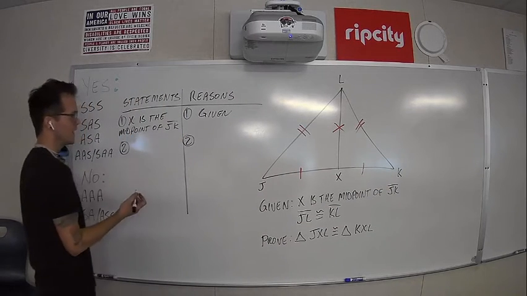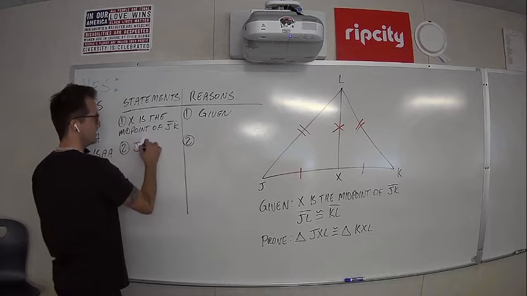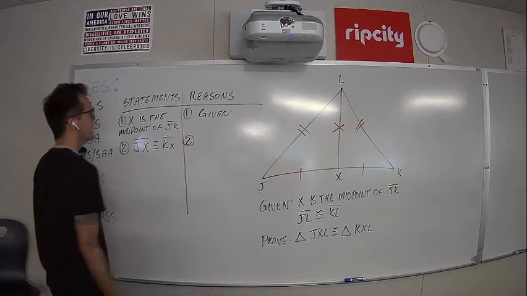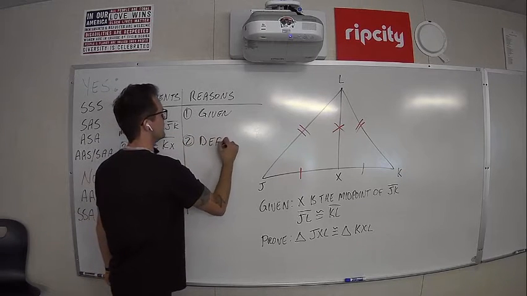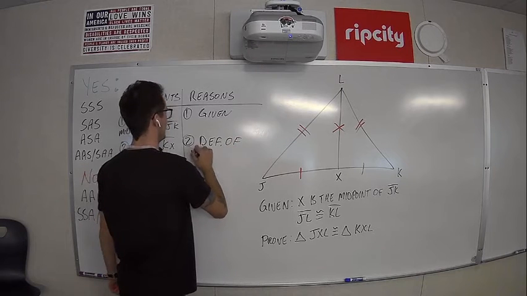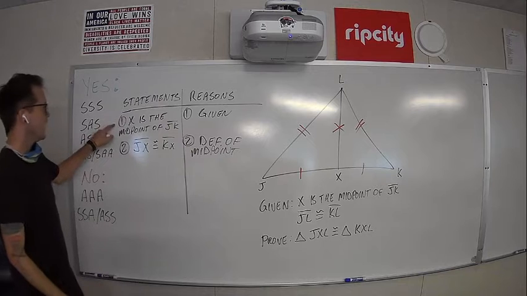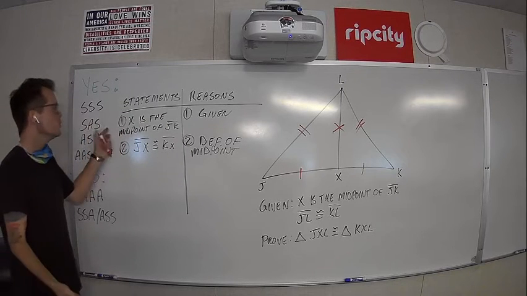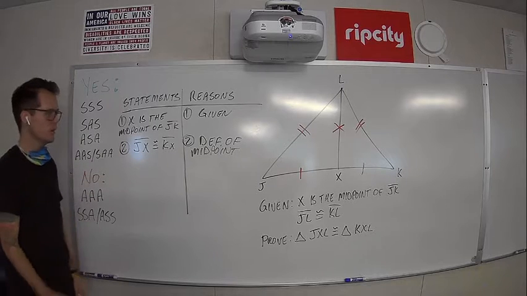So the way that I would capture all of that information as concisely as possible, I would say that JX is congruent to KX. And the reason that we know that's true is because of the definition of midpoint. So we took our original fact and we built on it. We're given that it's the midpoint. Cool. Let's now use that definition of midpoint to make our next point.